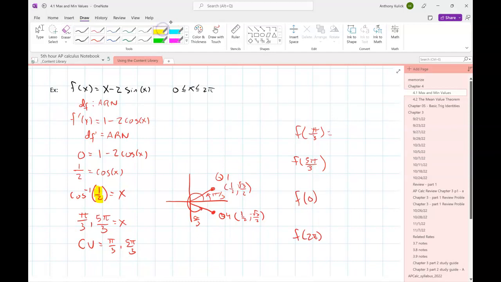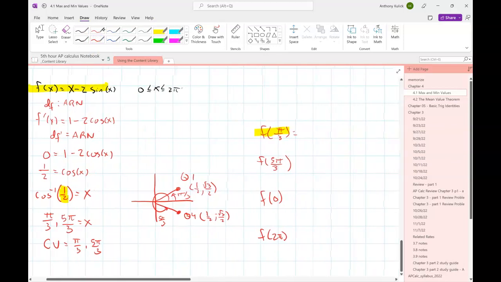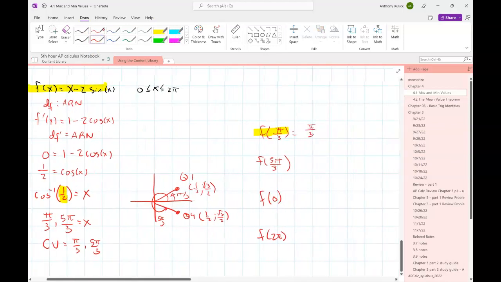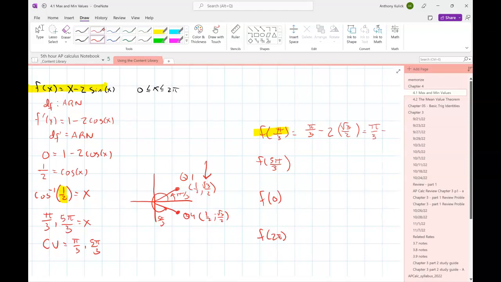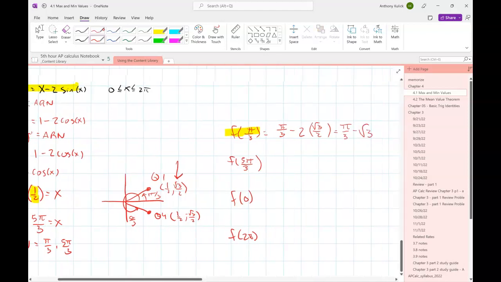Again, remember, we're plugging into f of x here. So we have π/3 minus 2, and then sine of π/3 we have right here, √3/2. So I have π/3 minus √3.